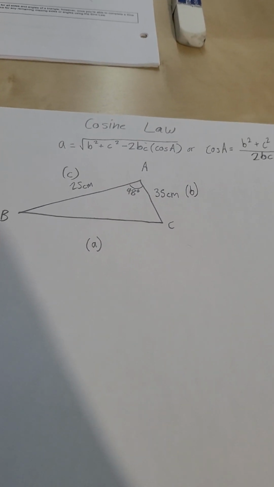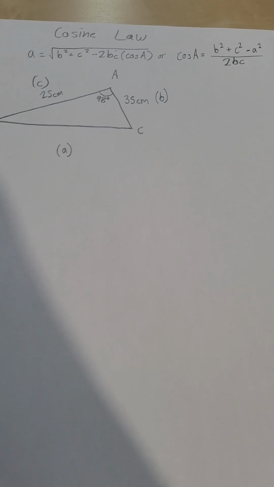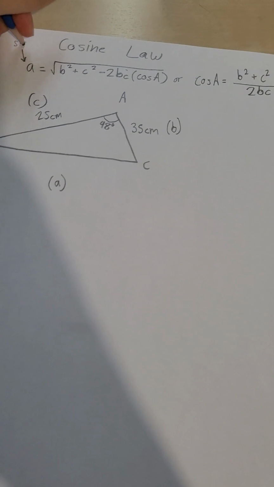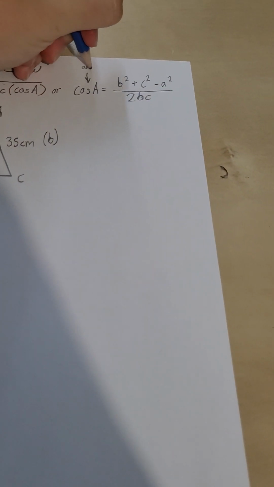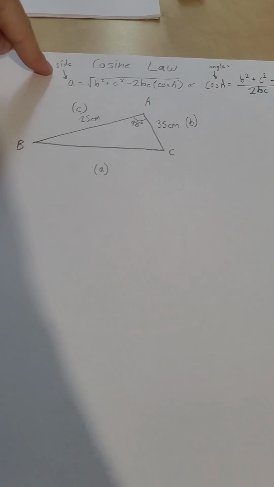And so the cosine law is these two equations at the top. This equation is for side lengths, and this equation is for angles. Mainly in physics, you're going to be using the cosine law to find a side rather than an angle, but I'm going to show you both either way.